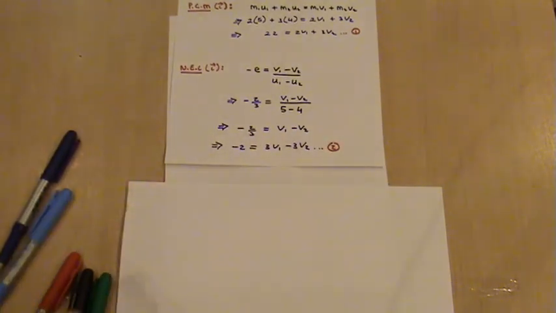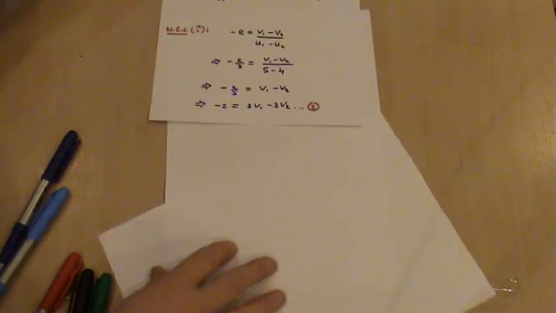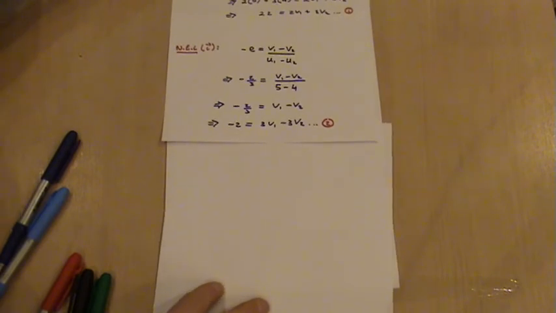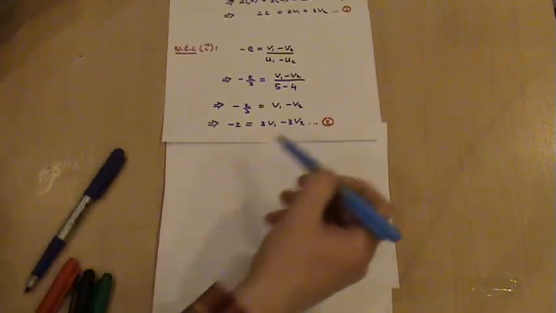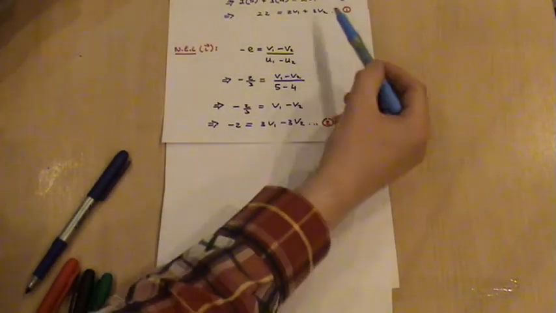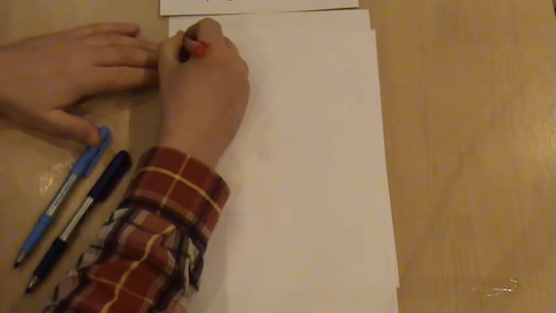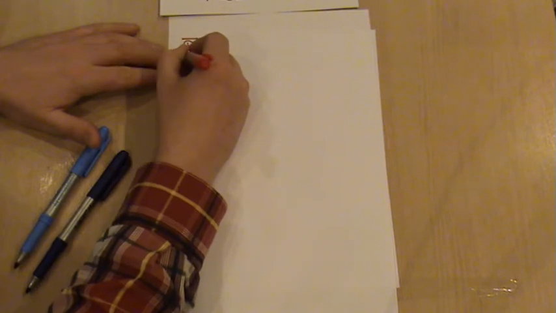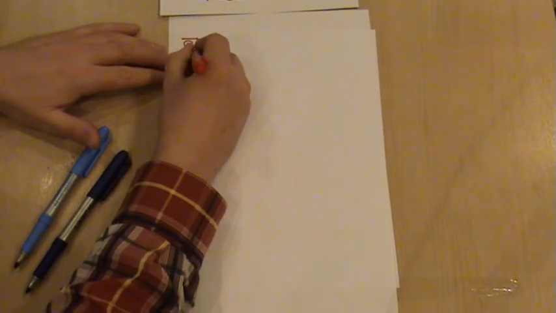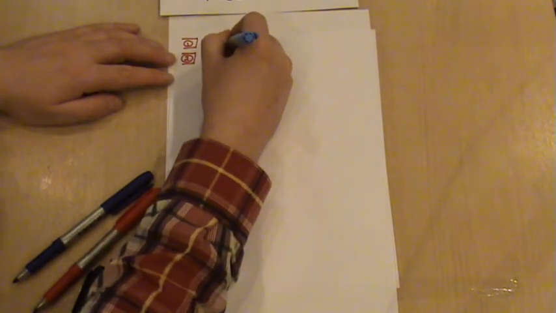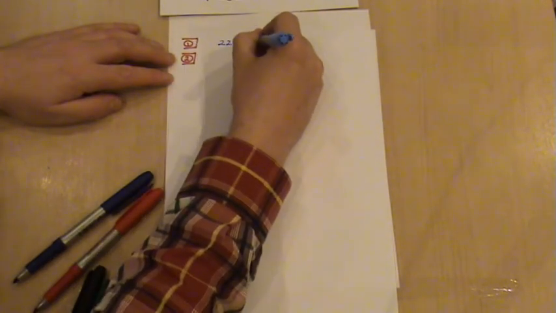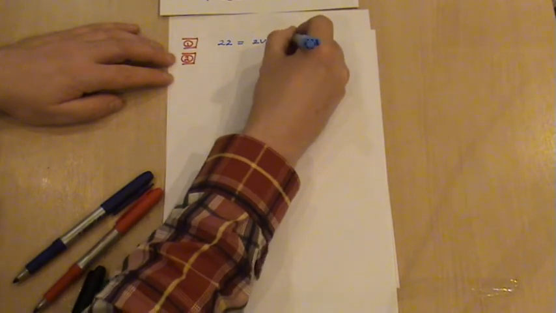So what I've got are two equations with two unknowns, and I can solve these simultaneously. If I just add these together, you can see this minus 3v2 will cancel with this plus 3v2. I don't need to multiply equation number 1 or equation number 2 by anything. Equation number 1, we had 22 equals 2v1 plus 3v2.